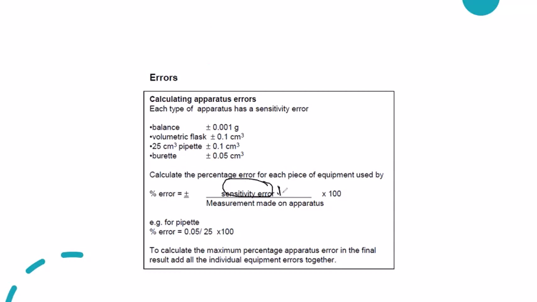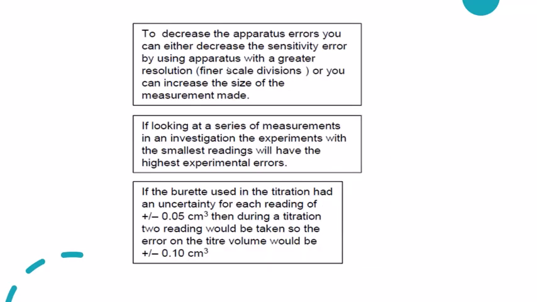If I use a more accurate instrument and decrease the sensitivity error, the percentage error will decrease. Or if I record a greater value, then the percentage error will also reduce. So either measure a larger volume or use more accurate apparatus.